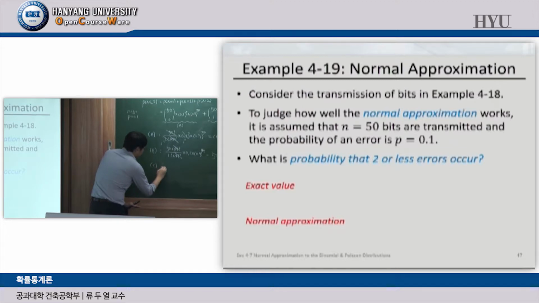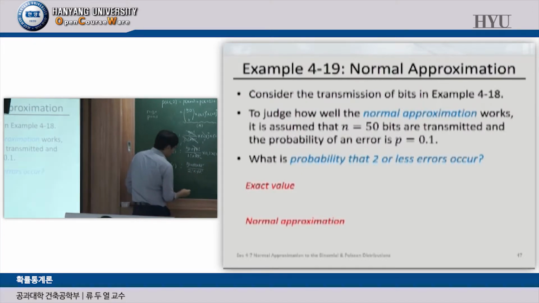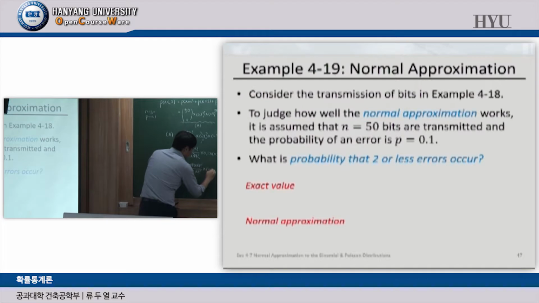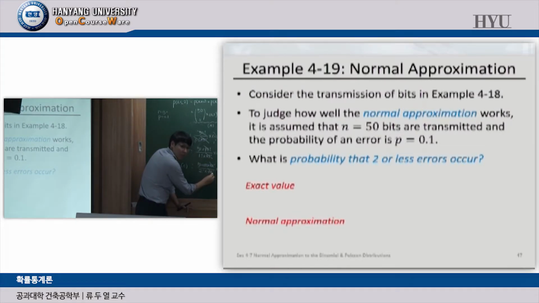And the C will be 50 times 49 times 48 factorial over 2 factorial times 48 factorial, times 0.1 squared times 0.9 to the 48th power. So this can be eliminated, and this can be eliminated by dividing 50, and 25 will be left, right?